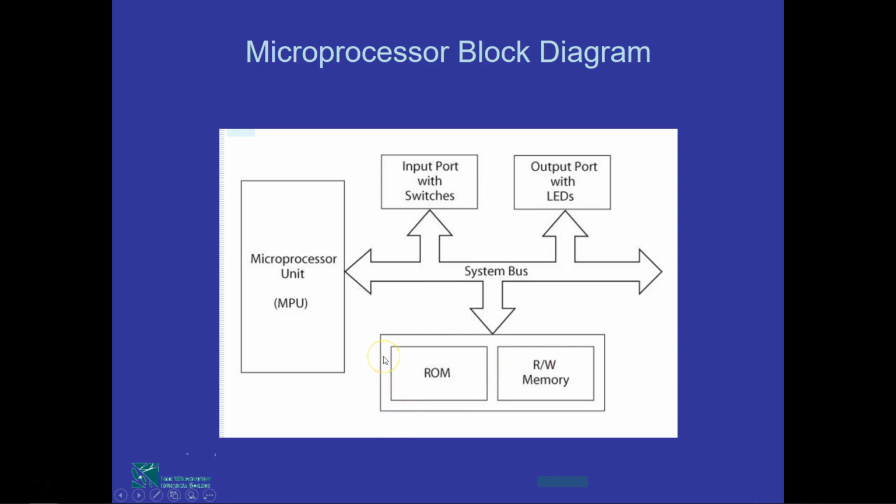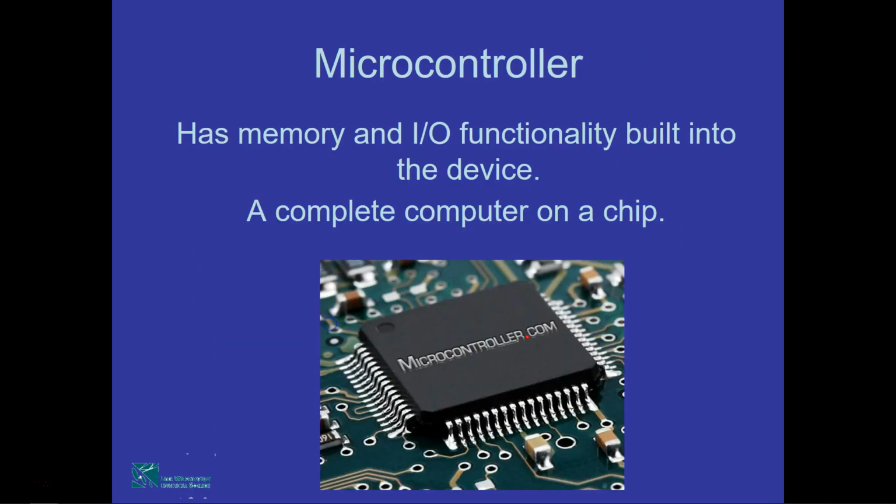And then it has peripheral chips which are needed to interface with the input-output devices. So we learned that microprocessors basically rely on external devices for storage and input-output pre-processing to become the heart of the computer. Now let's see next.